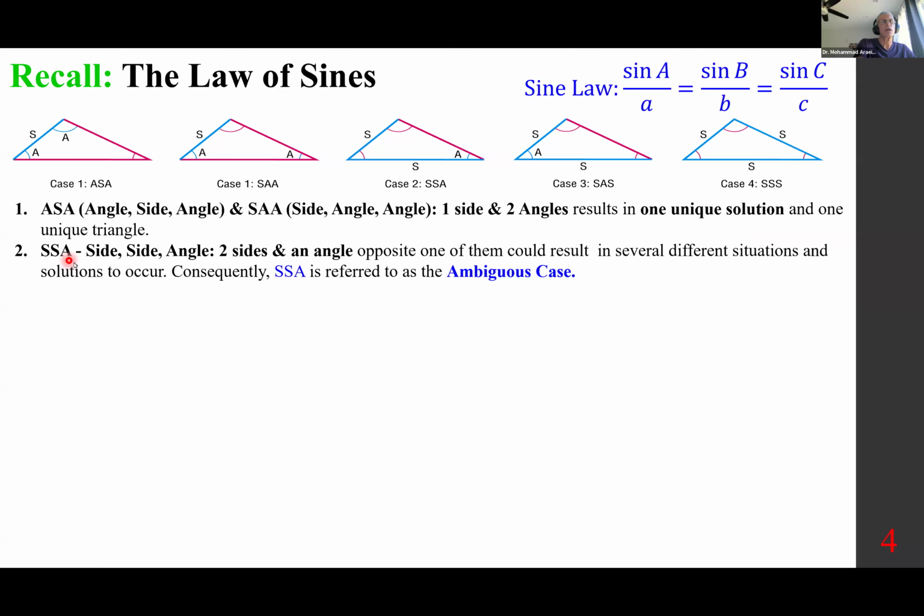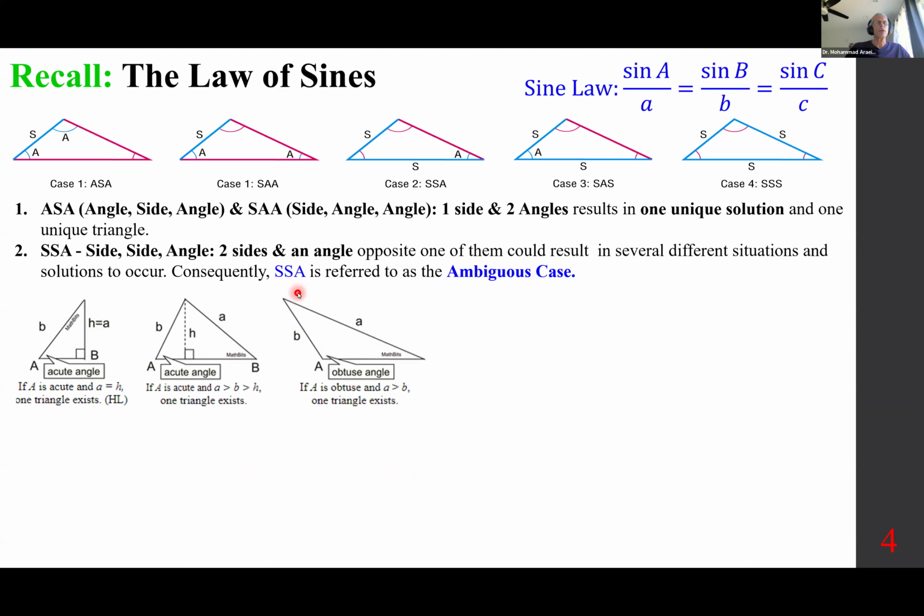SSA means side, side, angle, two sides and an angle opposite one of them. This could result in several different situations, and that's why it's called an ambiguous case. So various things happen. Okay, this is an acute angle.